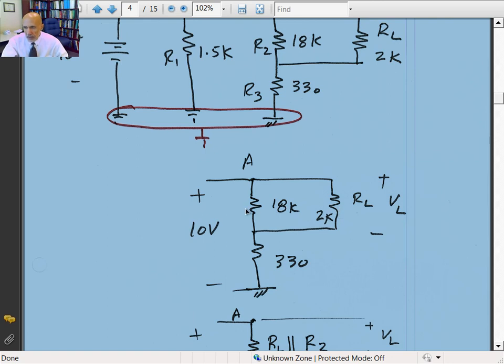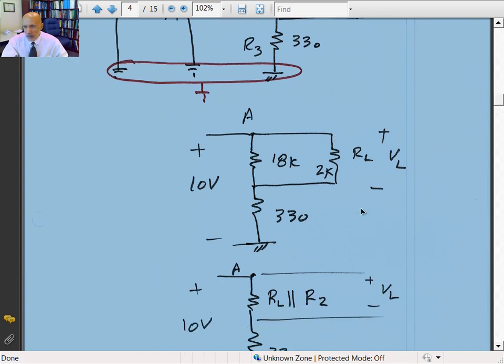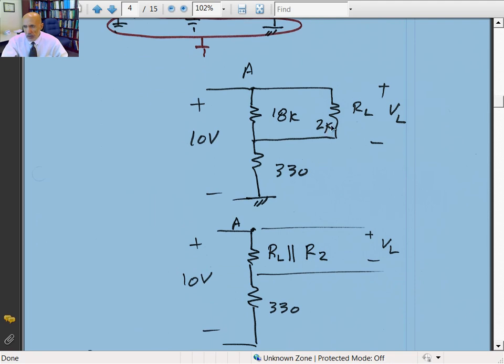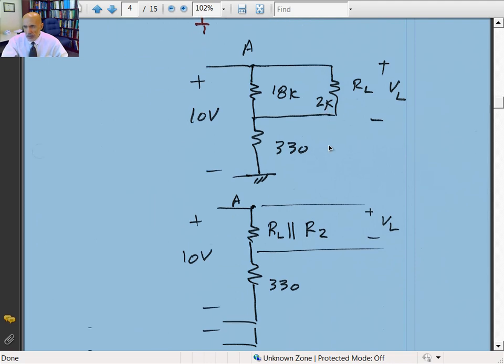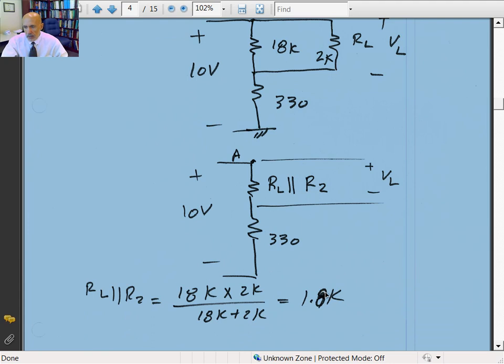But if I combine these two, then I should be able to calculate the V sub L with a simple voltage divider rule. So 18K in parallel with 2K, that's very close to 2K because this would be a dominant resistance. That's about 1.8K.